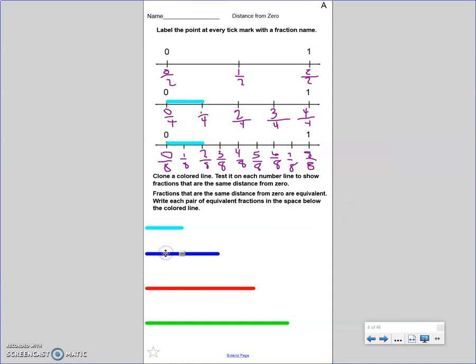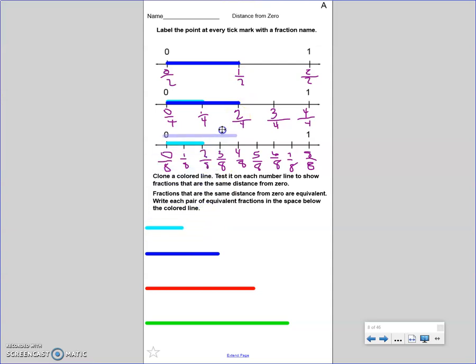Let's go ahead and use the blue line to find equivalent fractions. Ooh, I can see this dark blue line is 1/2 of the number line that shows halves. Well, let's see how many fourths that is. Ooh, I can see that this dark blue line is 2/4 away from 0. So I know that 1/2 and 2/4 are equivalent because they cover the same amount of space.